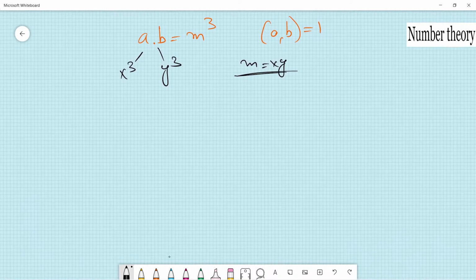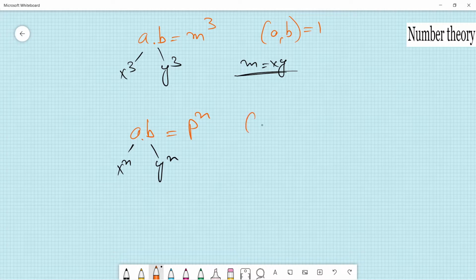Similarly, if we were given ab equals m to the power n, we can then say a is x to the power n and b is y to the power n. We were given that GCD of a and b is 1. Then only we can say this.